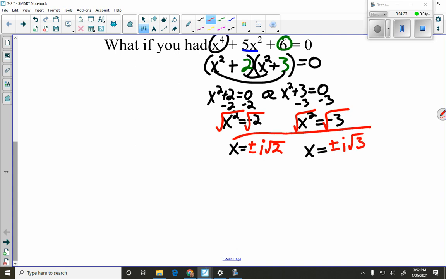And so there are 4 solutions for this fourth degree polynomial. If you remember back, there can be up to 4 solutions for a fourth degree polynomial. These two, if I graph it, are not going to cross the x-axis, and that's why we're getting imaginary answers, which is still a solution.